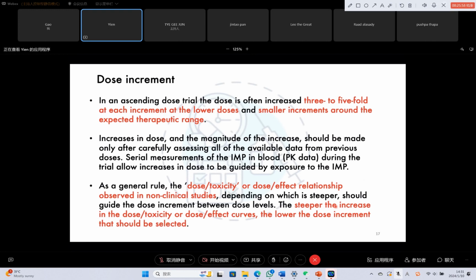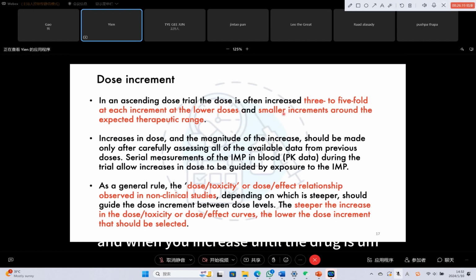After you have determined your starting dose, when you are doing the clinical trial, you also have to increase the dose level by level. The ascending dose trial is usually increased in 3 to 5-fold increments when the drug is at lower dosage.